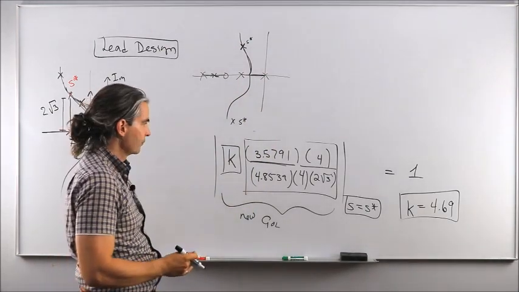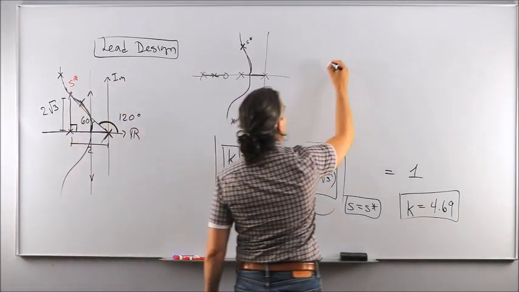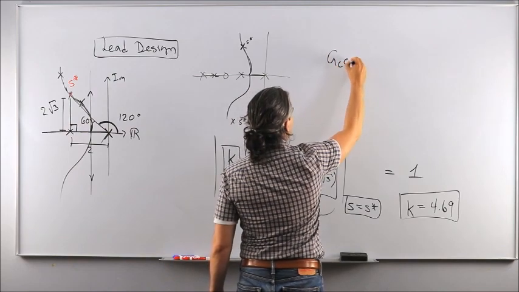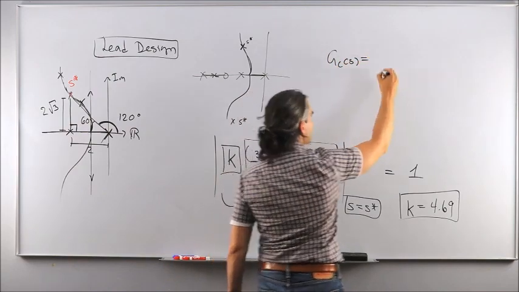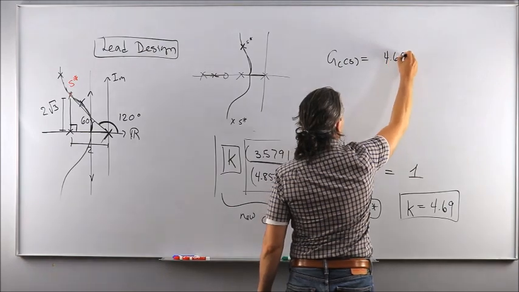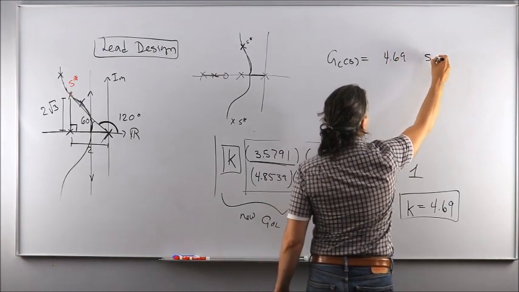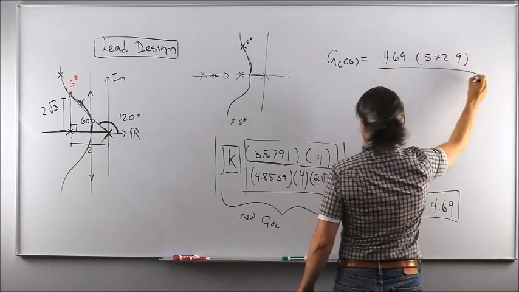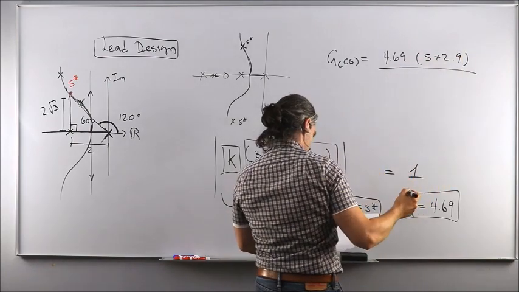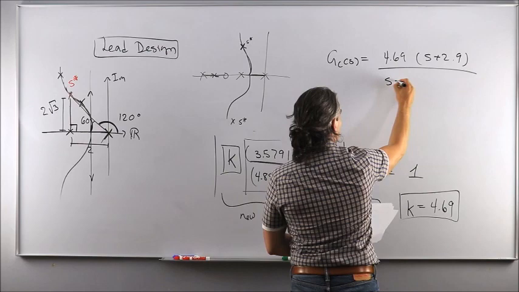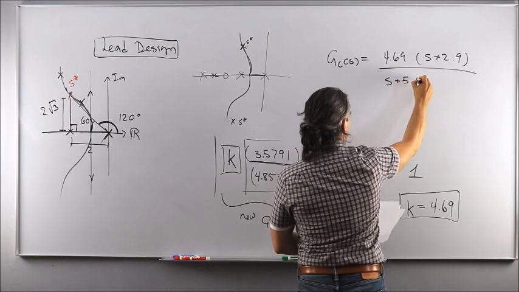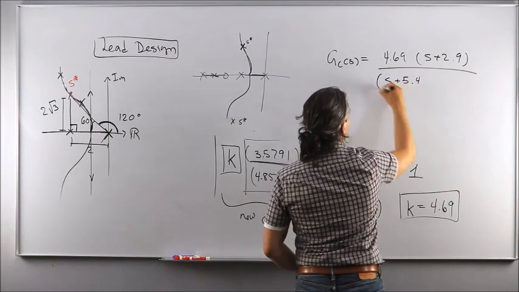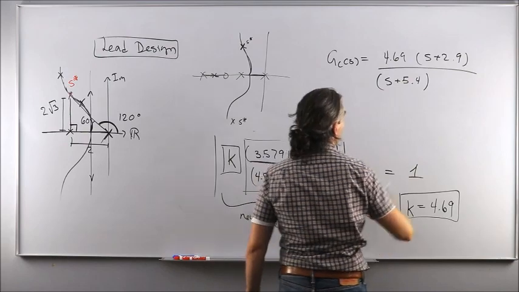So ultimately, your compensator's transfer function will be equal to its gain, 4.69. It multiplies S plus 2.9 in terms of zeros. And then what do we have? S plus 5.4 in terms of its pole.